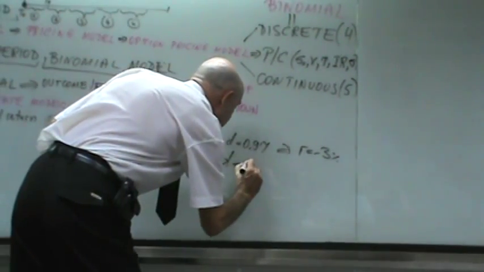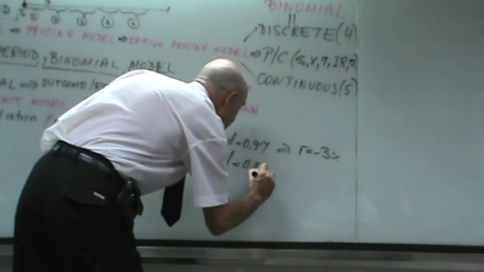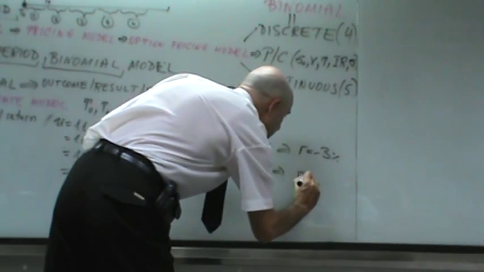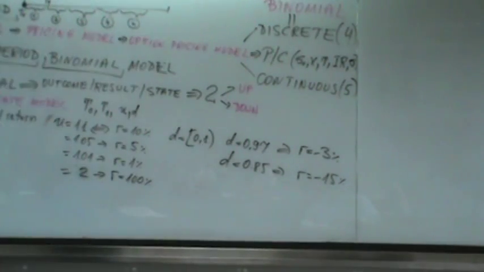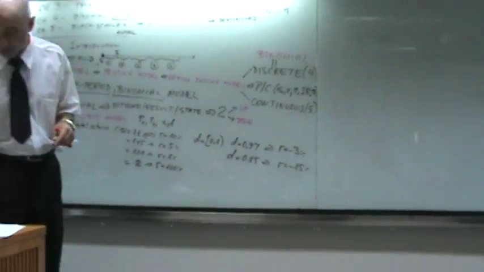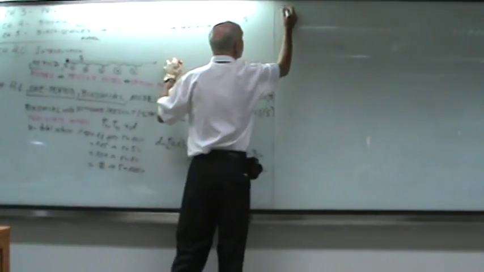And if D equals 0.85, the return is minus 15%. The example which is coming up later on page 99, for U is 1.03, is the following.